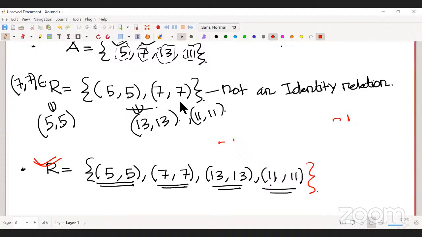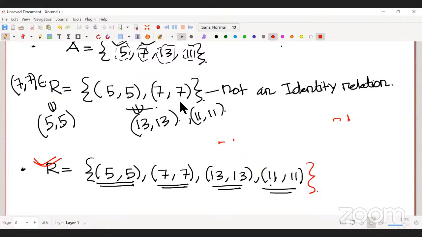If you include one more element apart from these elements, then whatever new set you get, that will not be an identity relation.